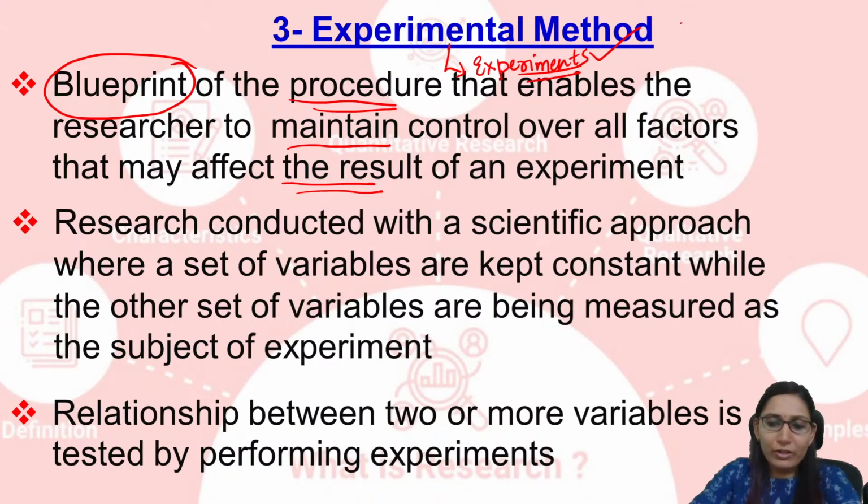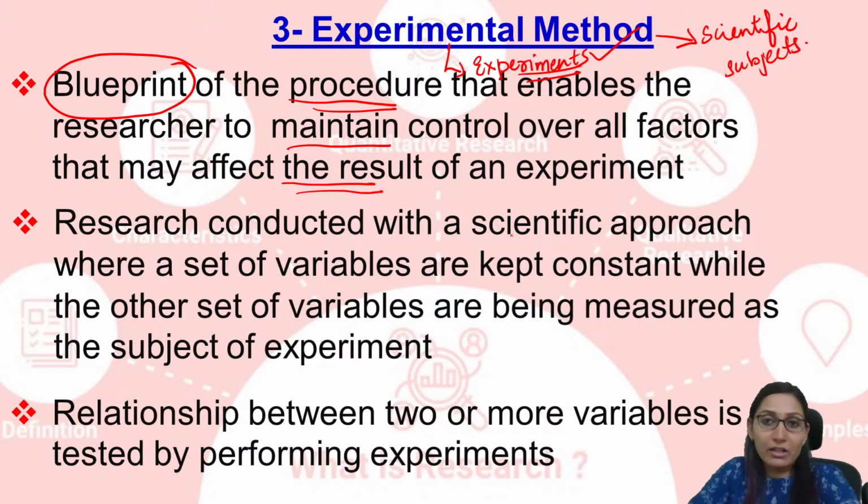We have already discussed the fact that experimental research can be conducted mostly in the case of scientific subjects. It is conducted with a scientific approach where a set of variables are kept constant while the other set of variables are being measured as the subject of experiment.